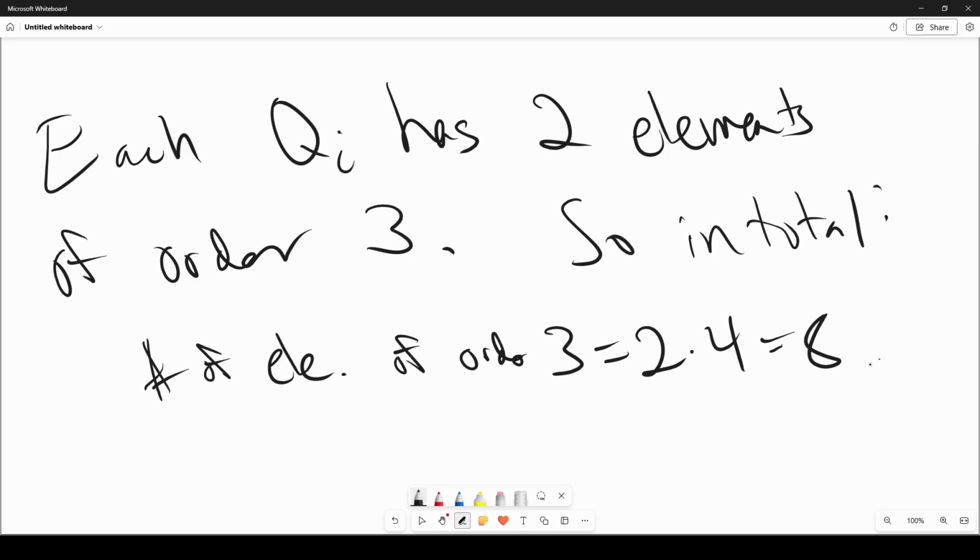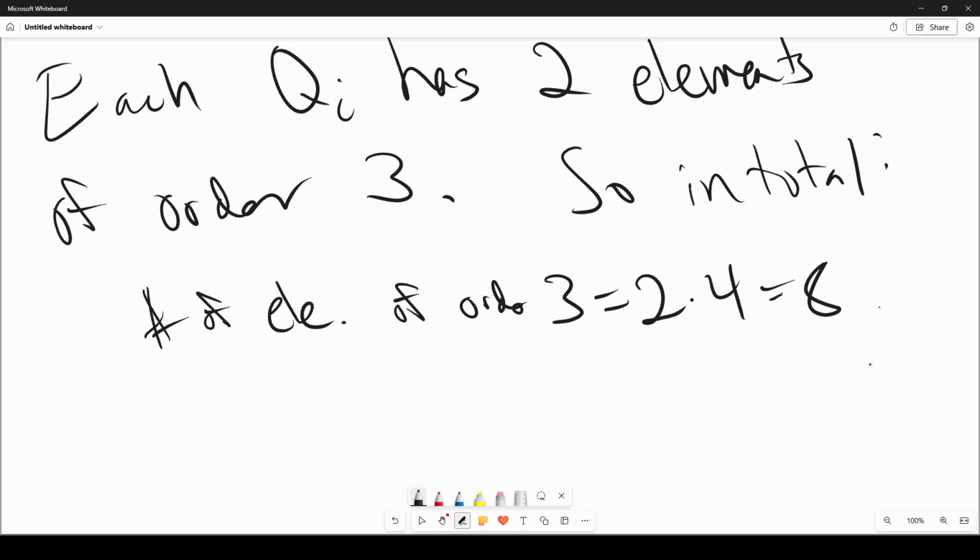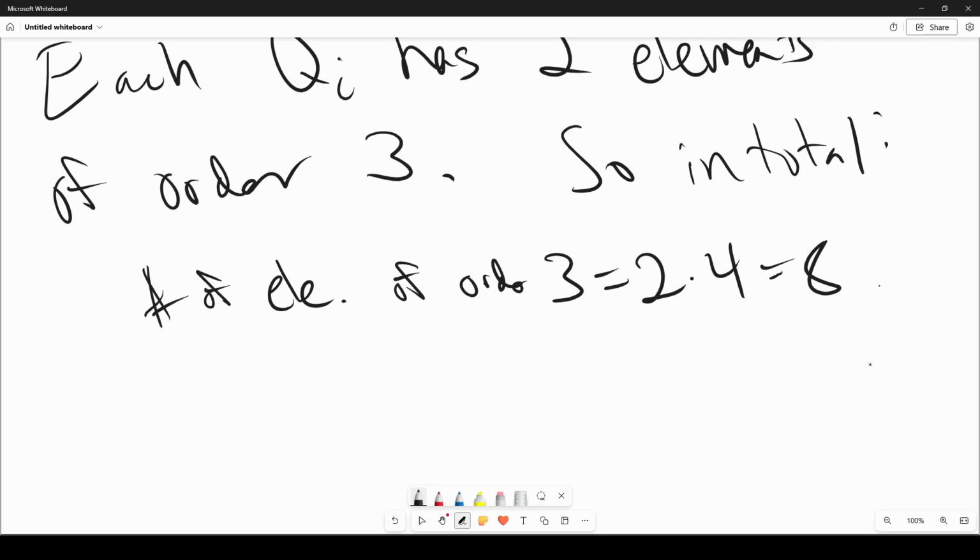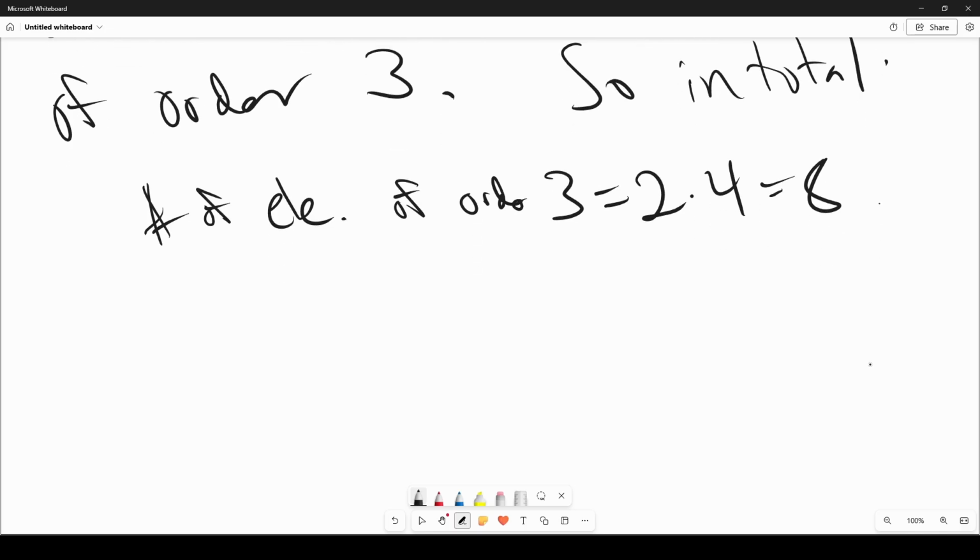Now let me see if I can find the elements of order 2 and 4 by looking at the 2 Sylow subgroups. If I can somehow prove that there are too many of them, or that it exceeds the size of the group, I can find a contradiction.